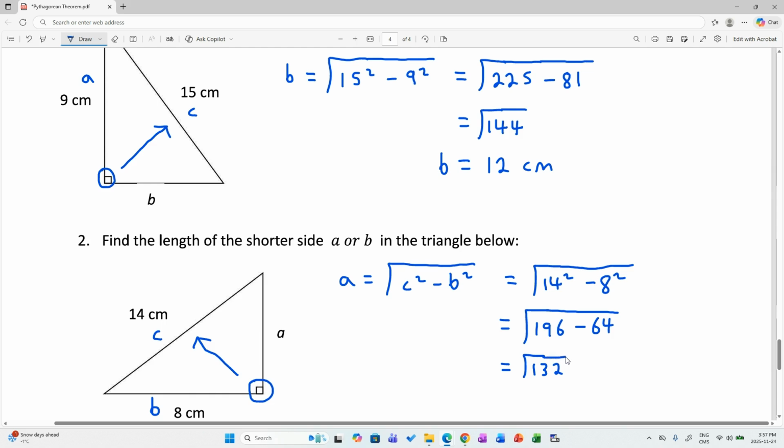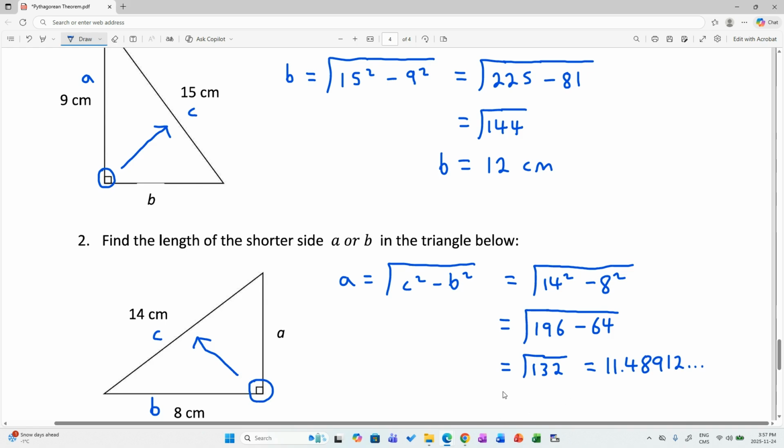Now, the square root of 132 is not a very nice number, but if I were to use a calculator or one of the estimation techniques we learned, we can estimate it to the nearest tenth. In this case, I'm just going to use a calculator, and I'm going to get the answer to be 11.48912... It just keeps going on forever.